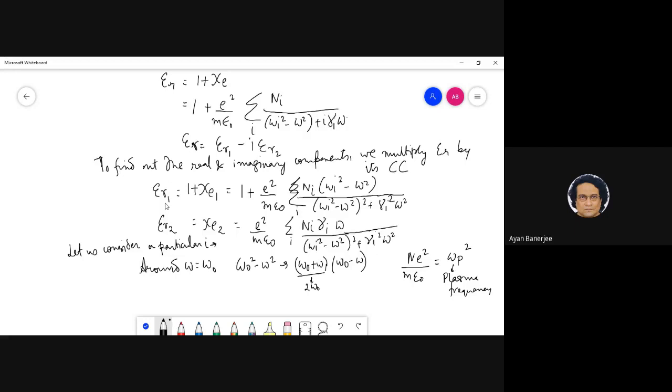That is very interesting. It's a very simple explanation. We'll look at that. But it means that this plasma frequency essentially means that the entire system of electrons just sort of behave as one single entity. And that is very interesting, right?